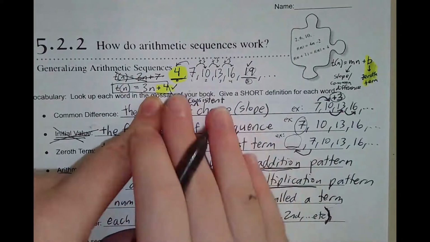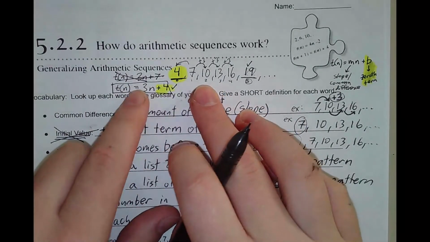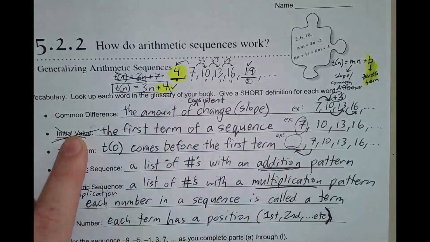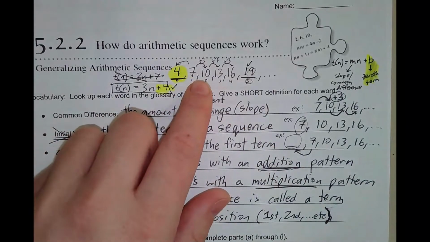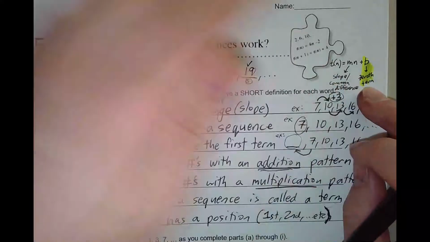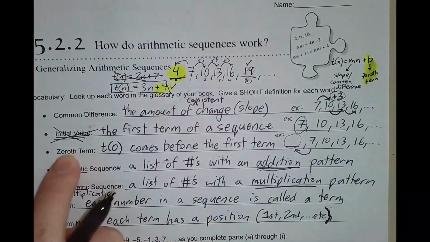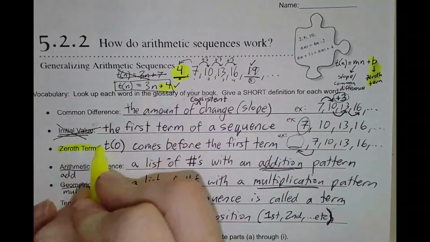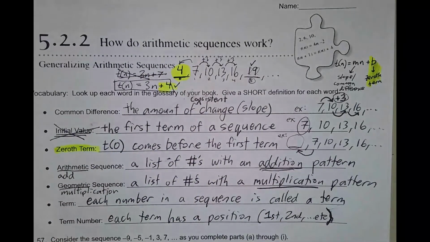So it's a common mistake. We'll notice that the starting value is not the initial value. Our b is the number before it, which is the zeroth term. So that's a very, very key thing for these types of problems.